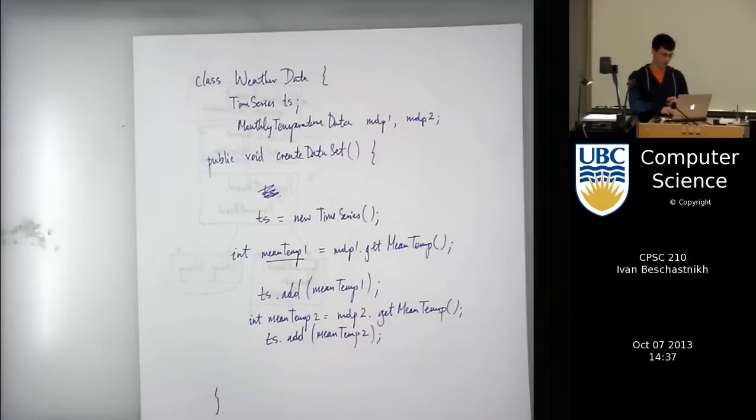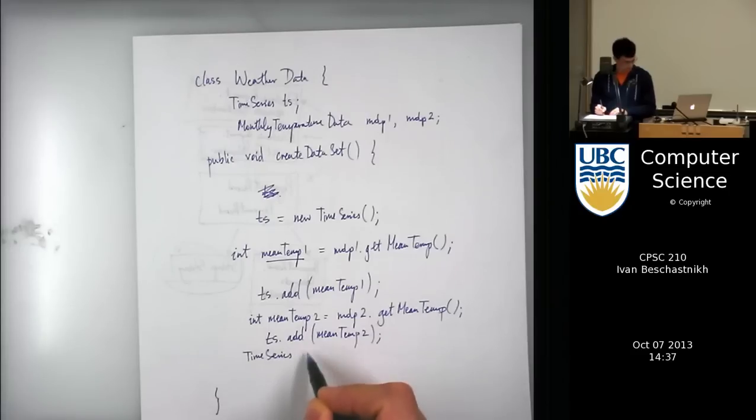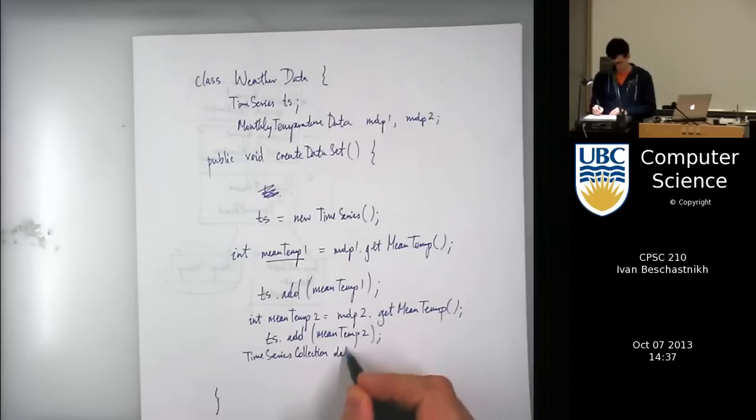So the first step is going to call this method. This method is a constructor. So this is how I'm going to create it. So I'll say time series collection. I'm calling it data set. Equals new.